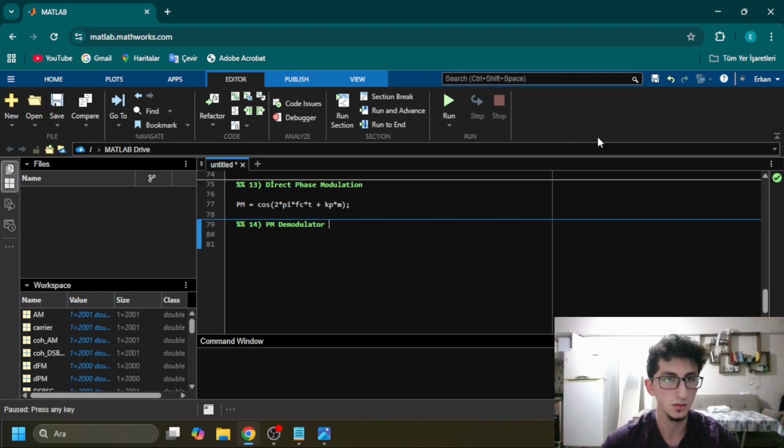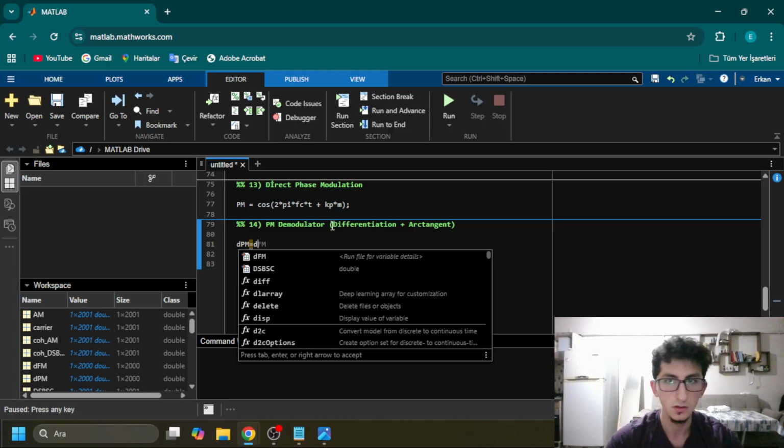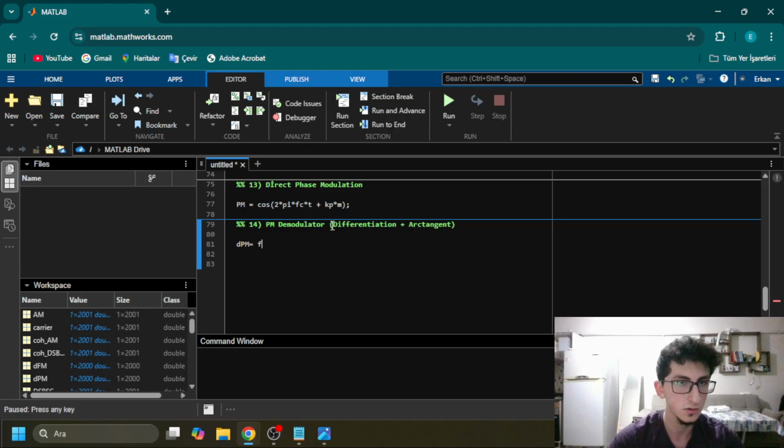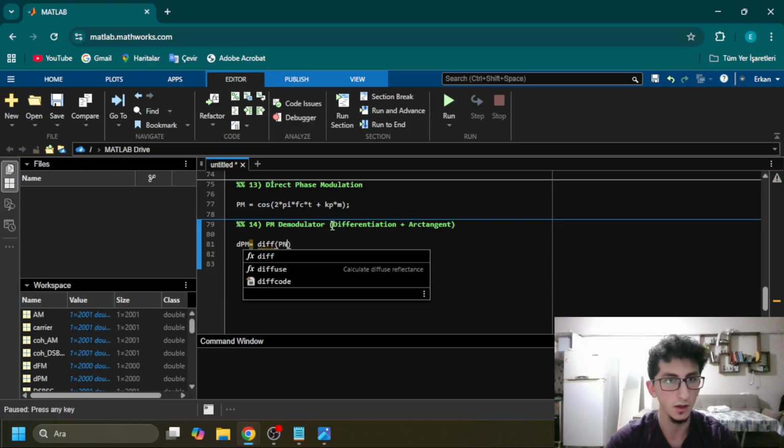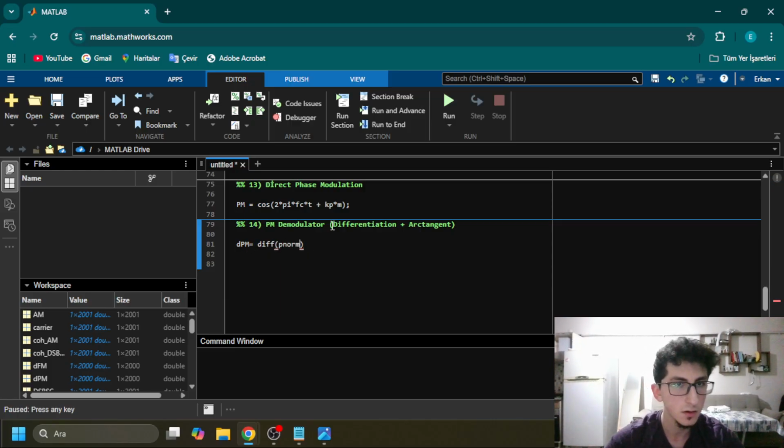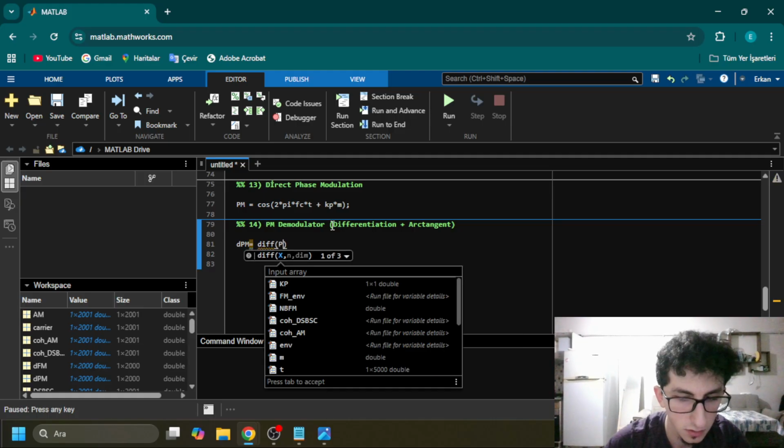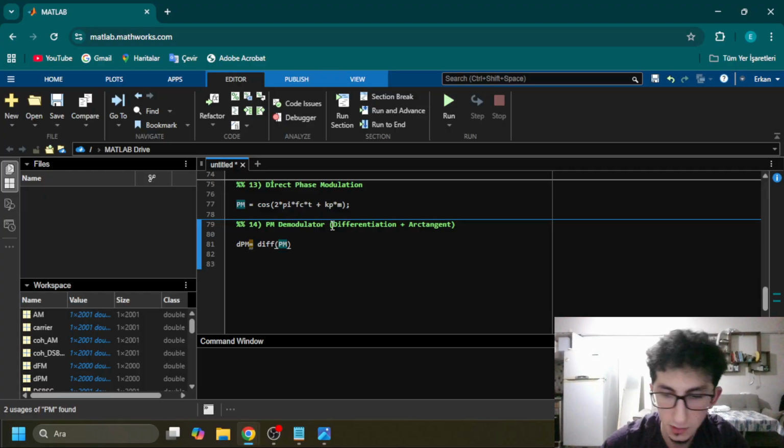And I wanna make this clear too, so I'm gonna add this in here. So first definition is dpm, it's equal to diff of pm. PM, yeah, it's correct.